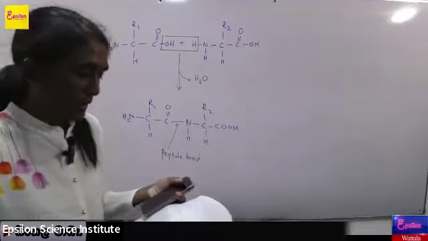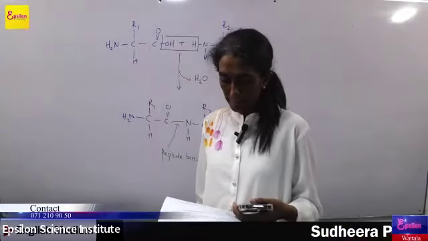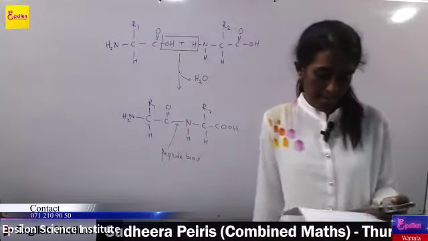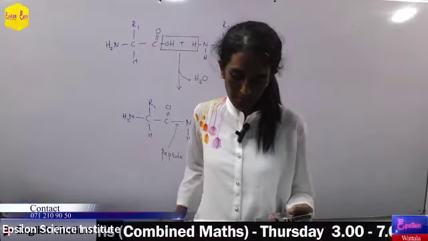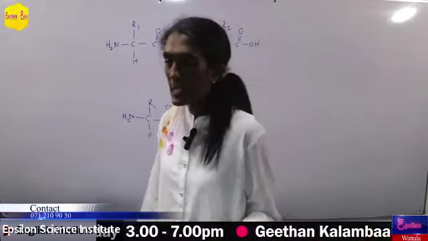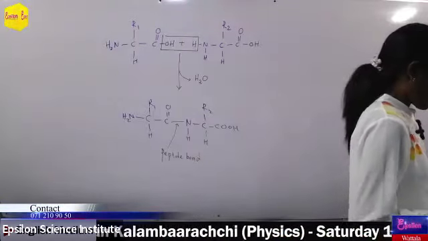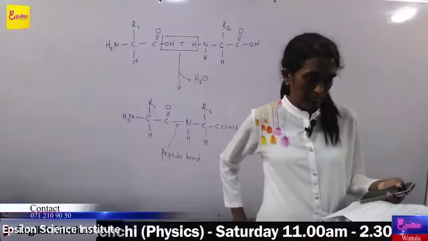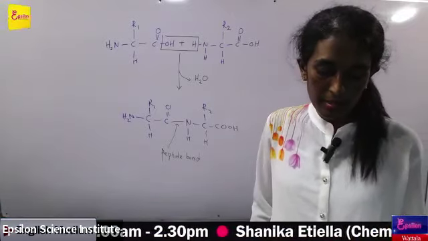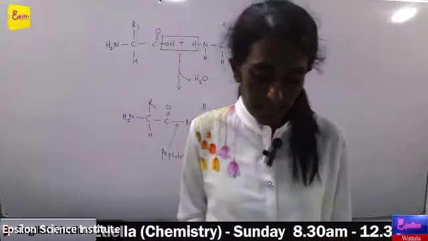Next point, to an equal volume of 5% KOH solution, and mixed. Next point, few drops of 1% copper sulfate is added to the solution and mixed. Next, the color change is observed.